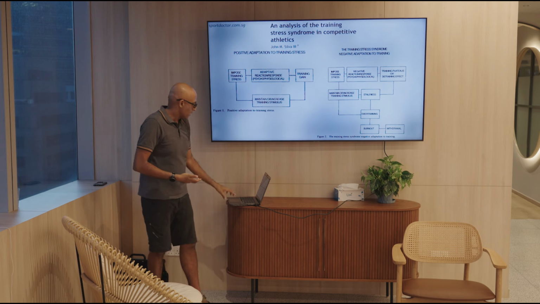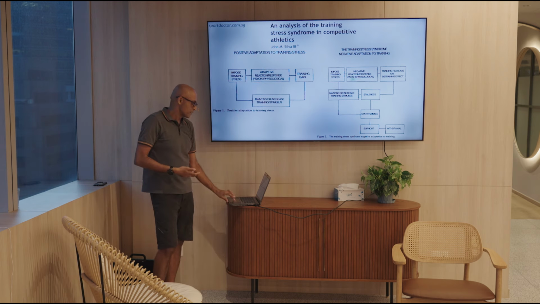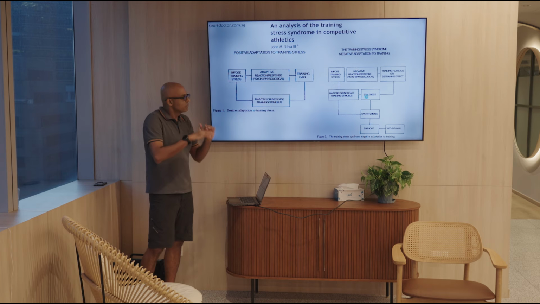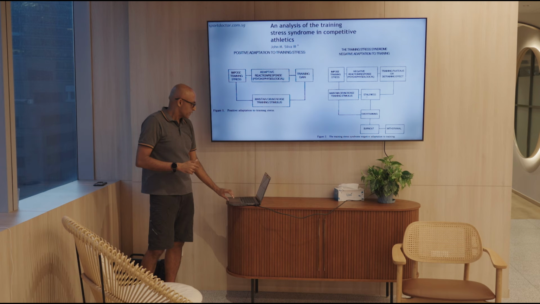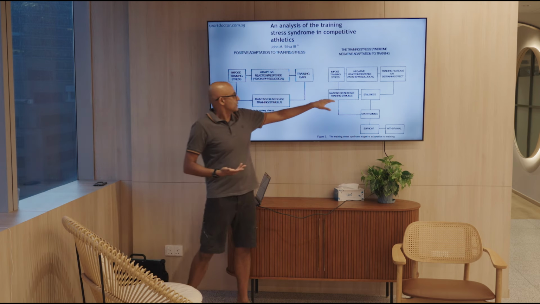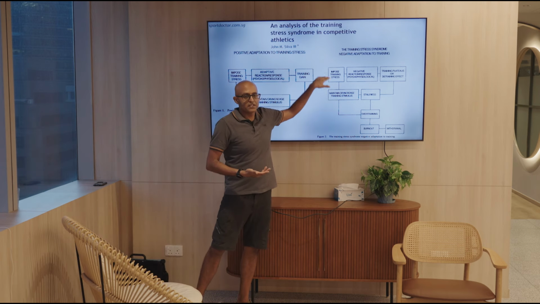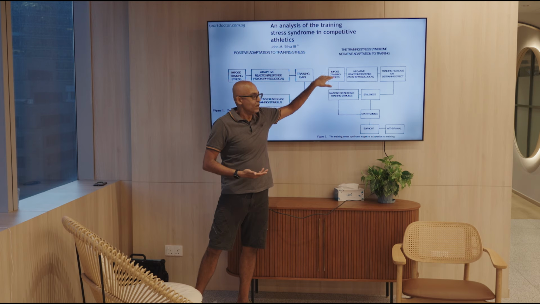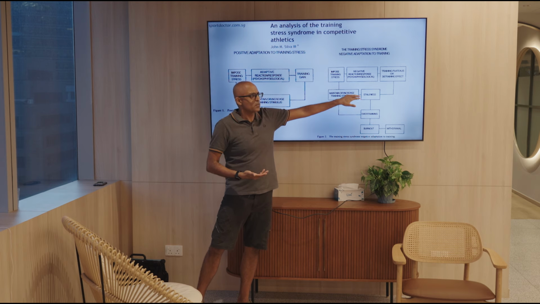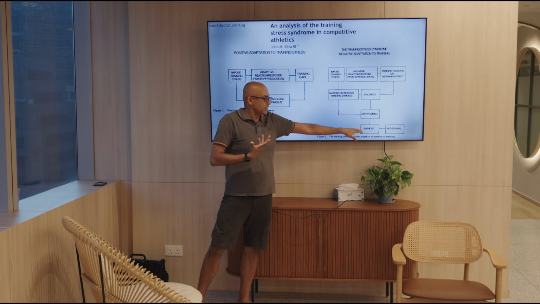Whereas if any negativity comes in, or the training plateaus and things level off a bit, then you can go one of two ways. You try and maintain this and it just teeters off and they don't really perform. Or they say, hey, what's going on? I'm not getting what I want to achieve. And then they start to go into this phase.